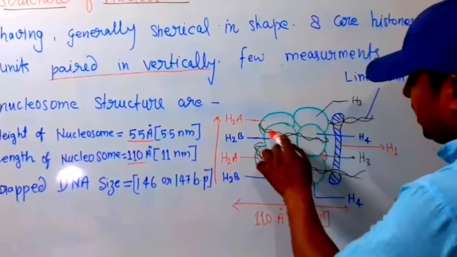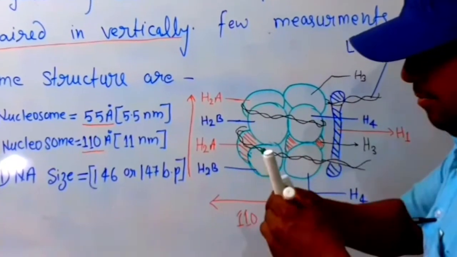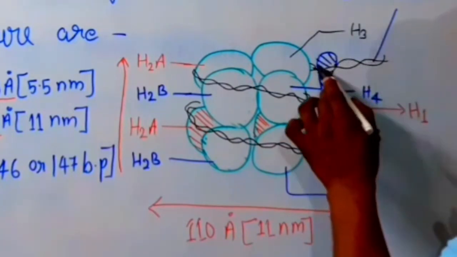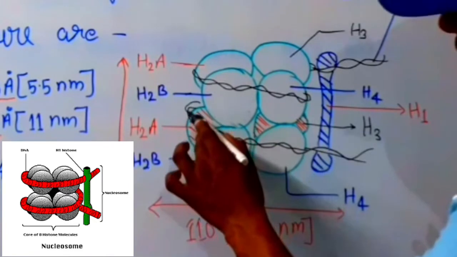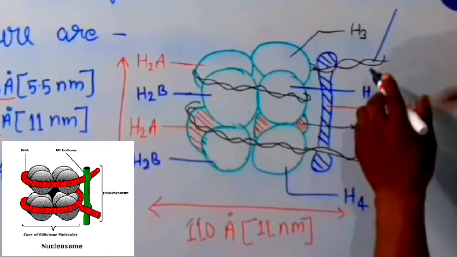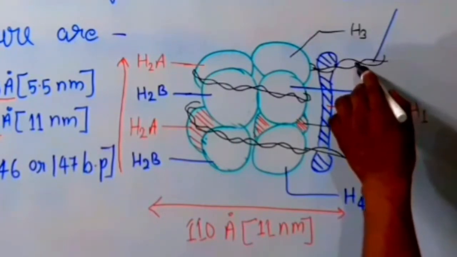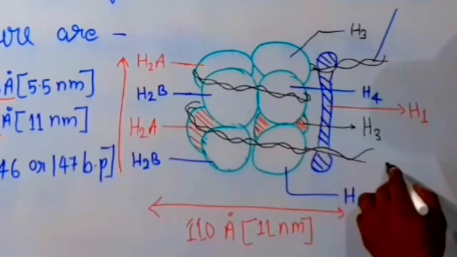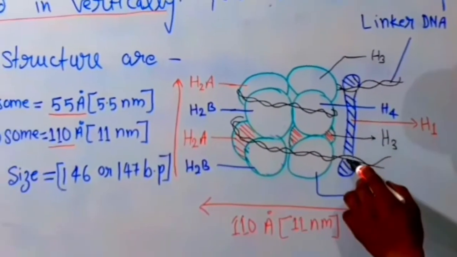While the DNA is wrapped, this is the basic structure. DNA comes in here and goes out here, and again wraps here and goes out here. Both the entry DNA and exit DNA are linked by H1 histone protein.